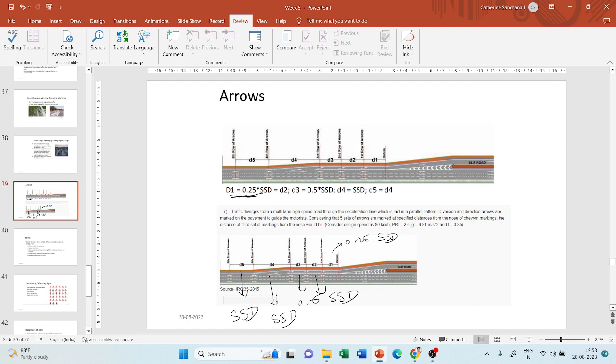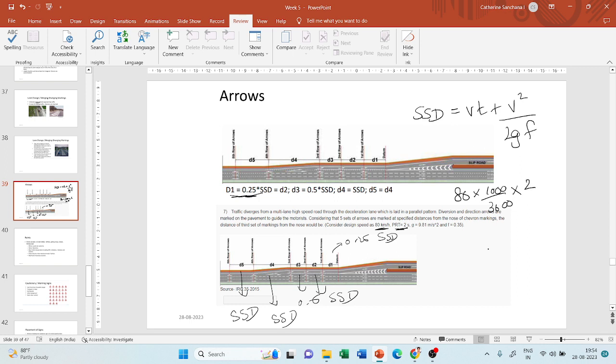So how will you find out D1, D2, D3, D4 and D5? It depends on SSD, right? So first we need to find out stopping sight distance, or SSD. So it is V into T plus V square by 2gf, right? What is V? They've given that the design speed is 80 kilometers per hour, so 80 into 1000 by 3600 to convert it into meters per second. And what is the perception reaction time? It is 2 seconds, right?